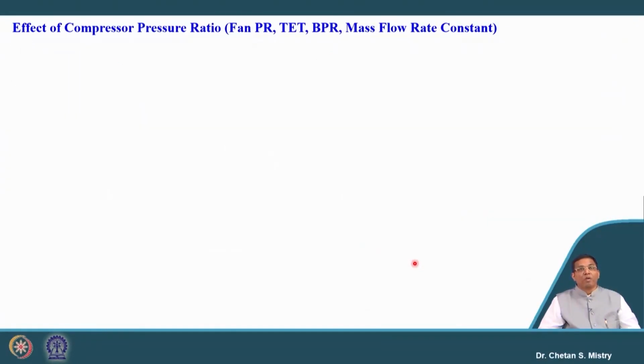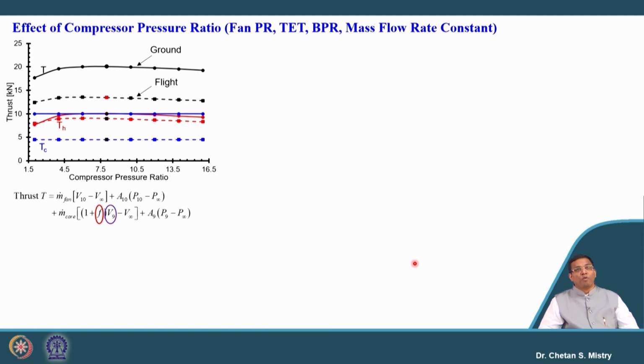Okay. Now, let us look at the effect of compression ratio. In line with what we have discussed for both conditions, for the flying condition my Mach number will be affecting here, and that is the reason why my thrust requirement will be lower under flight condition.